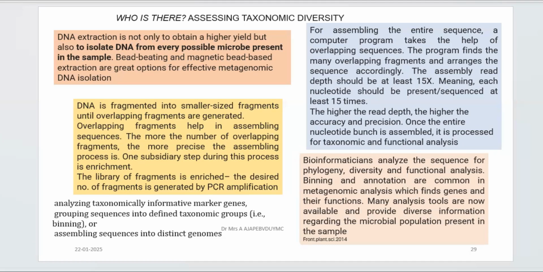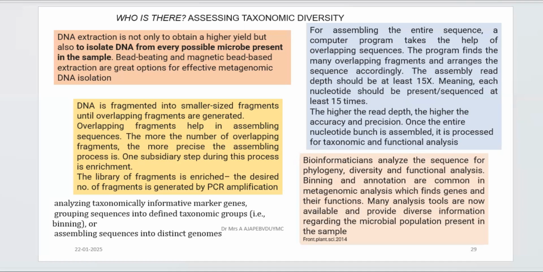Whichever is the rarest species, its DNA also has to be tagged, because you have to talk about the total microbial diversity, or say bacterial diversity, of a given sample. So it's not about isolating a high yield of DNA, but it is all about isolating the DNA from every possible microbe present in the sample.